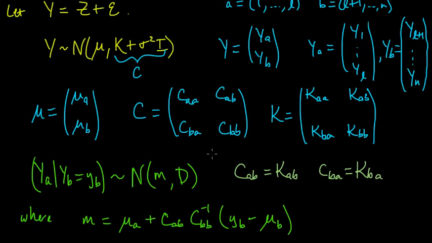Whereas CAA, maybe I'll go ahead and put that here. CAA is KAA plus sigma squared I. It's a smaller identity matrix, but we'll just put that.